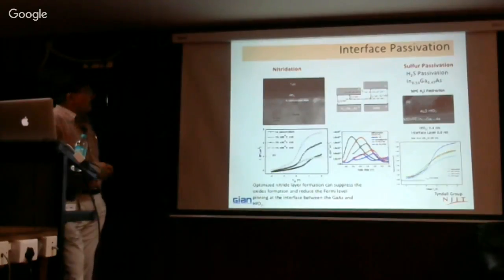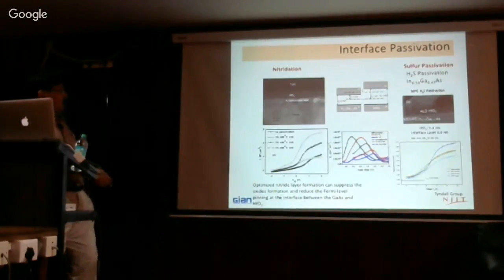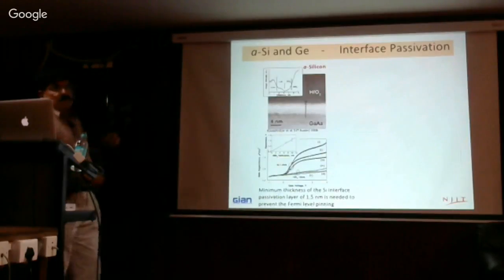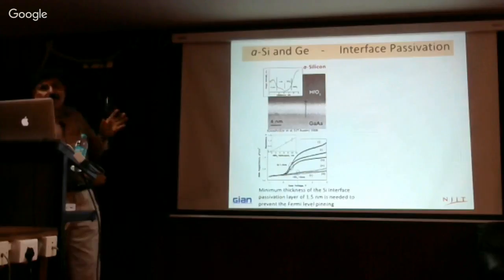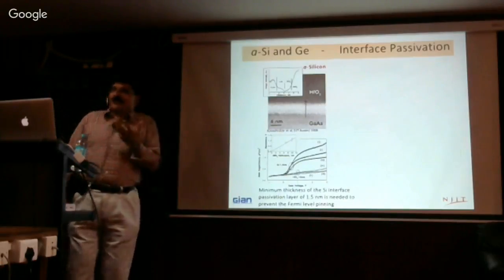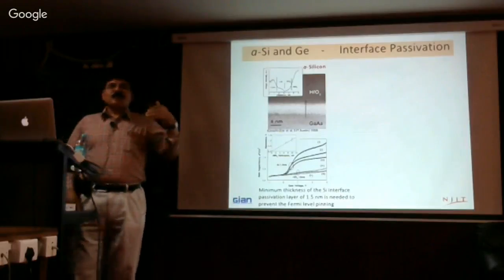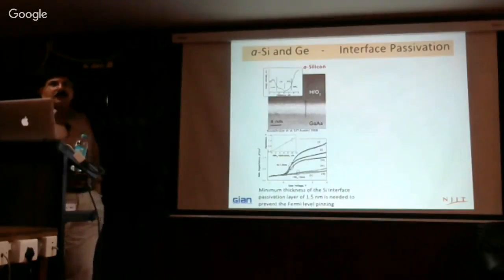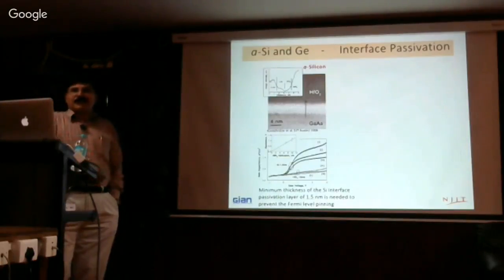So that work was going on for some time, and this is sulfur passivation. There is another thing people said: since all this sulfur and nitrogen are giving trouble, why don't we put some silicon? The silicon we know very well. So they put some amorphous silicon at the interface, and then deposit hafnium oxide, like the standard process in silicon.